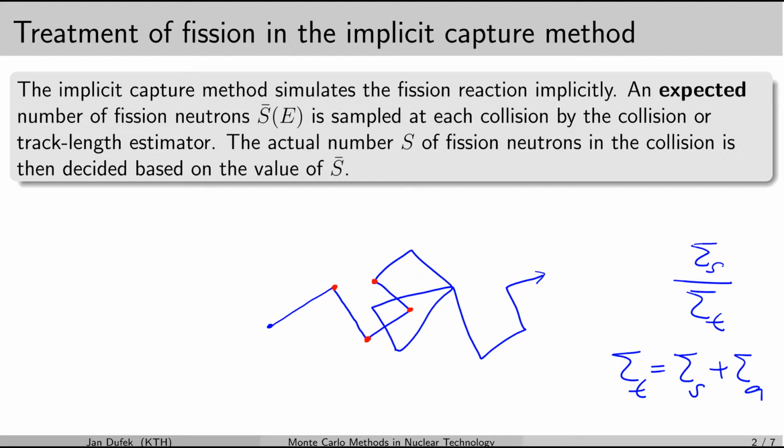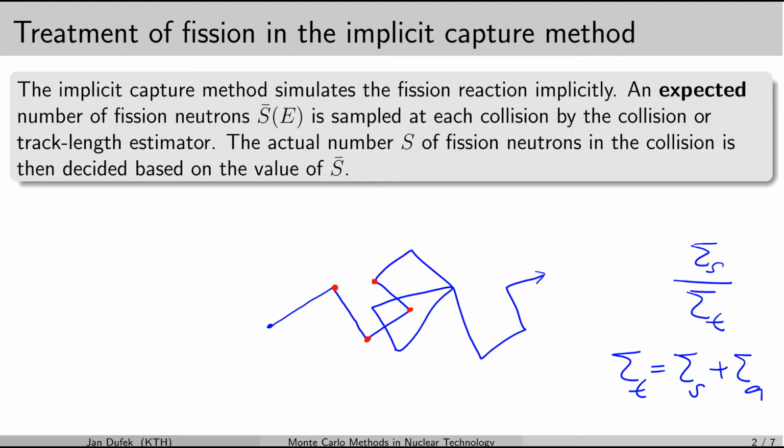So the bigger the fission reaction is, the bigger the total cross-section is, and the smaller this ratio is. So in a fissile system, part of the drop of the neutron weight at every collision accounts for the fission reaction. Nevertheless, we need to sample the fission neutrons as well.